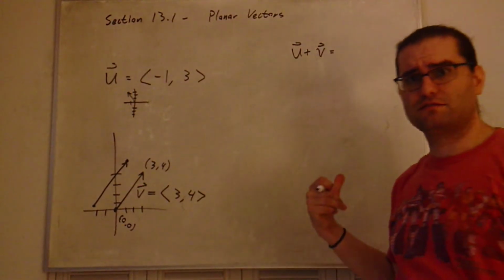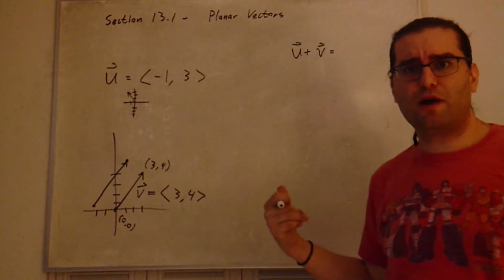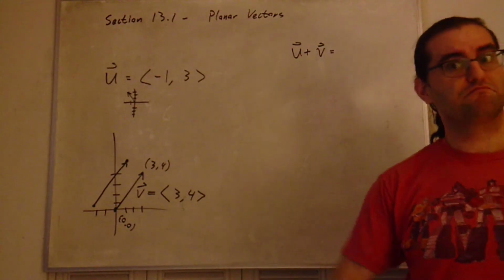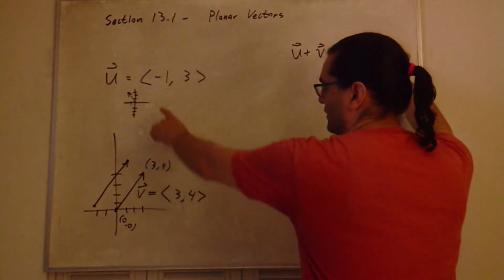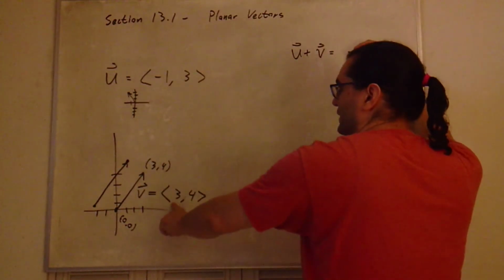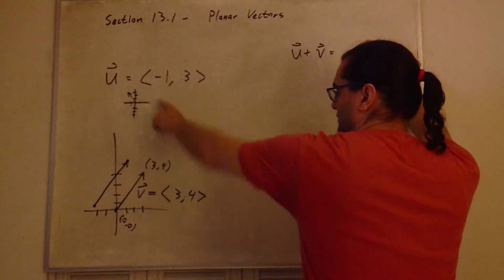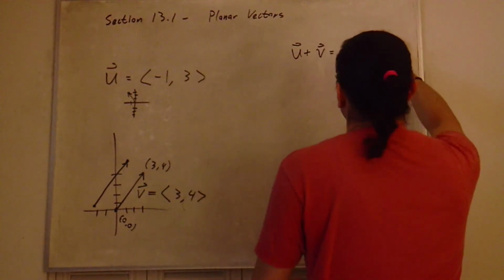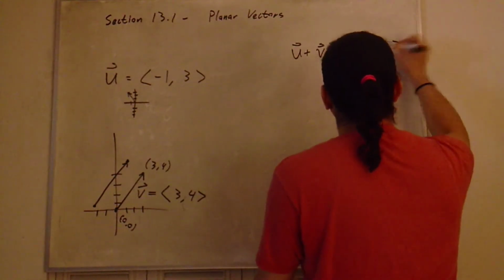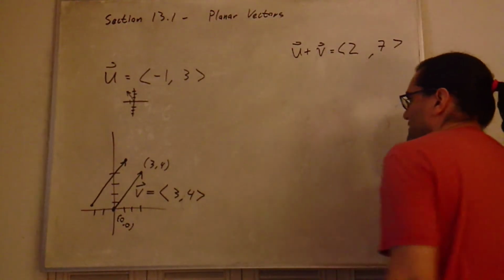And this is actually pretty powerful. You can't add points together, but you can add vectors together. So u plus v, fortunately we add these in a very intuitive way. You just add piecewise. So negative 1 plus 3 will give us 2. 3 plus 4 will give us 7. This is the vector u plus v.